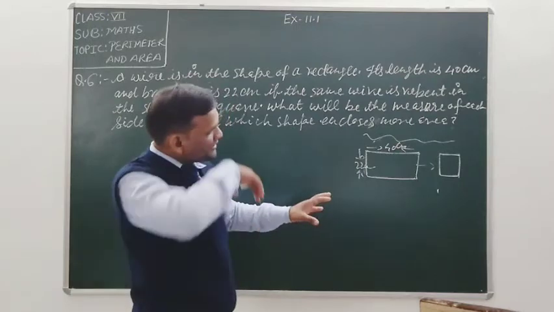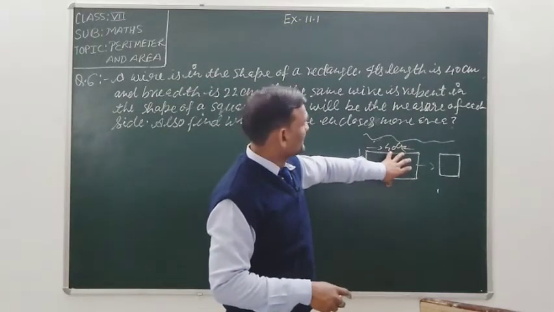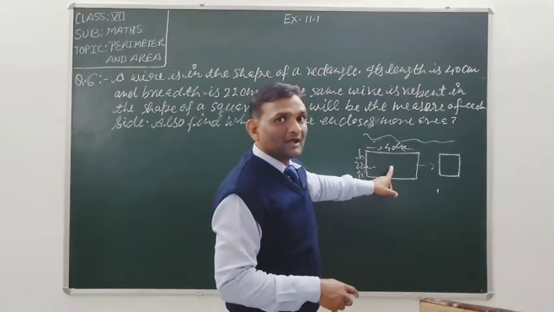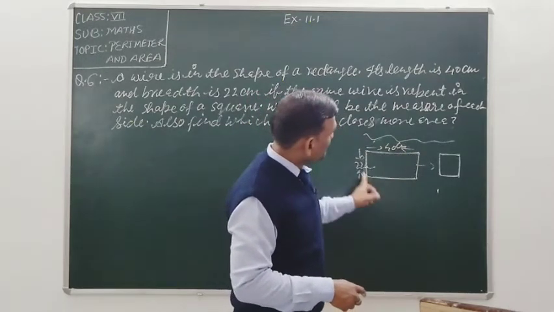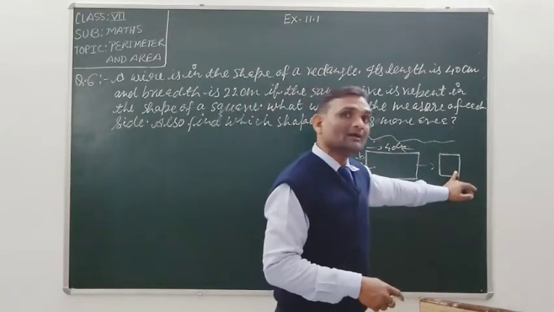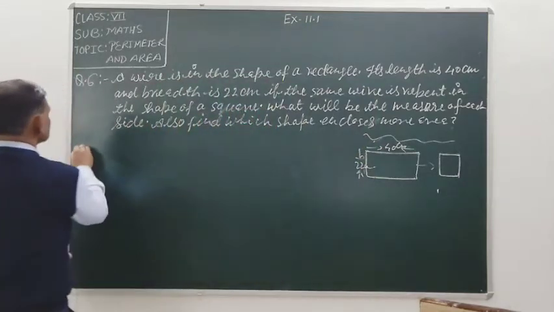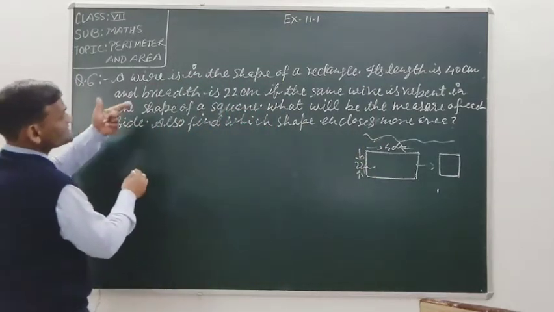So student, firstly we find the perimeter of the rectangle. And when you are able to find out the perimeter of the rectangle, this perimeter will be equal to the perimeter of the square. So student, I am going to solve this question like this.